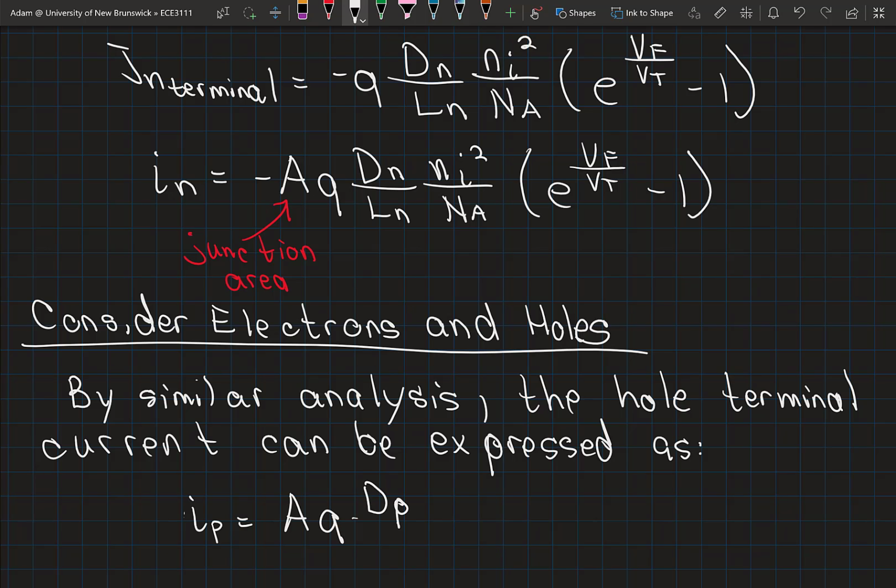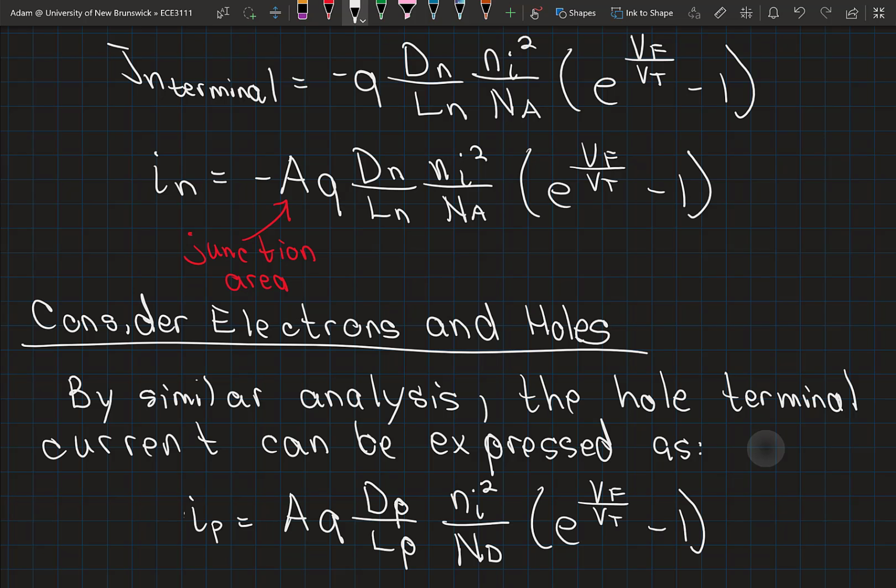So my diffusion constant for holes, of course, my diffusion length for the holes, my intrinsic concentration squared divided by now my concentration of donor atoms times e to the Vf over Vt minus 1.